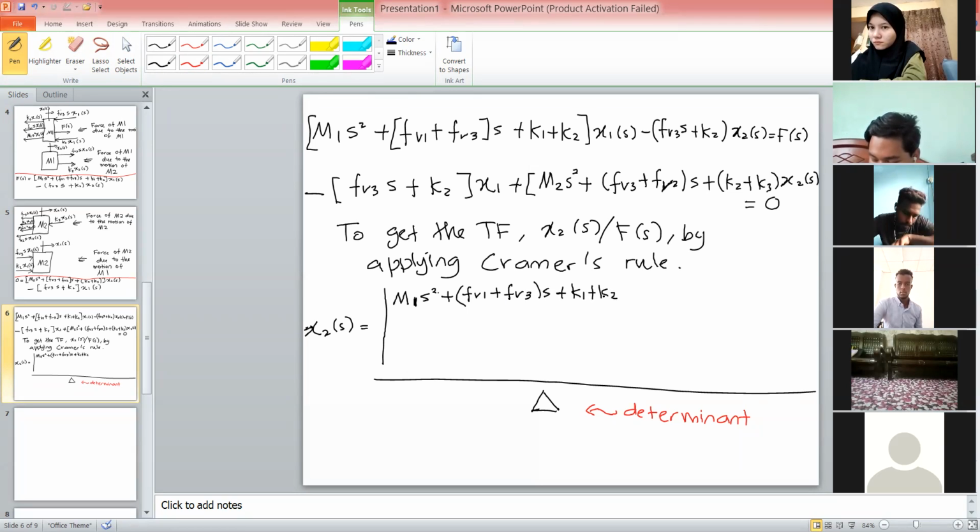On the second line, we just copy it: minus fv3 s plus k2, okay?